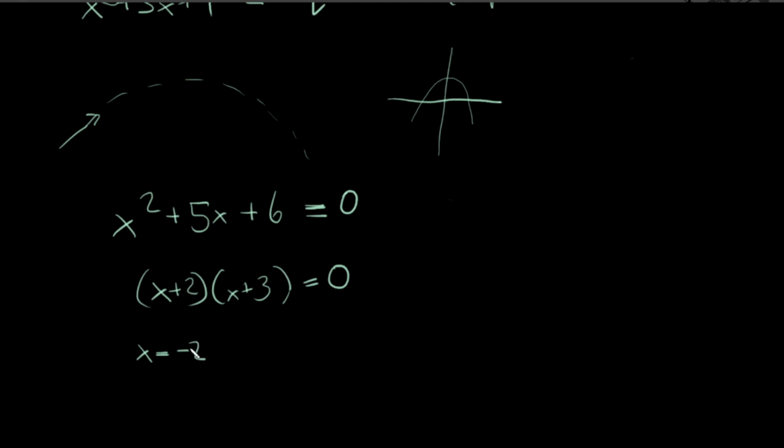So we can say that x equals negative 2, and it's the same thing here. If x was equal to negative 3, then this would be 0, and 0 times whatever here doesn't matter. It would still be 0. So we can say that x is equal to negative 2 and negative 3, such that if you replace x with either of these values, you'll end up with 0.